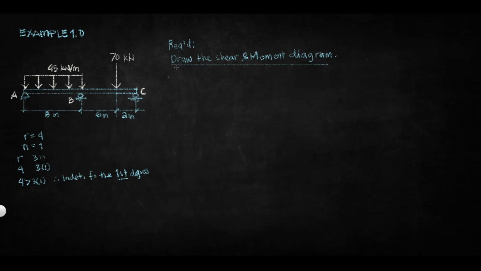So, ang required po is draw the shear and moment diagram for this problem. Okay? So, before we draw the shear and moment diagram, we need first to determine the reaction. Doon na po papasok yung ating 3-moment equation sa pag-solve po ng reaction natin. Okay? So, as you can see dito, walang binanggit about EI.